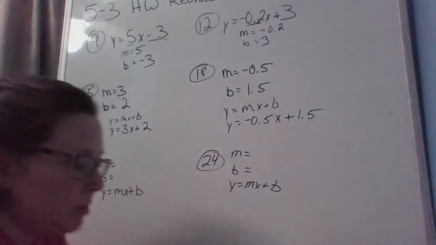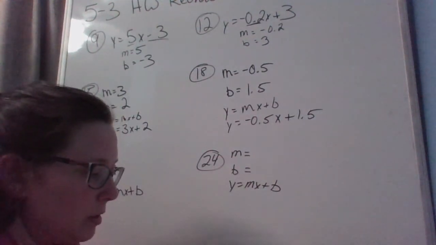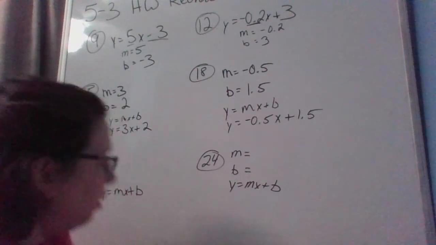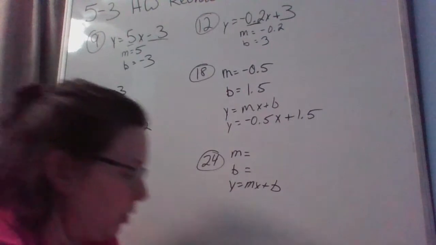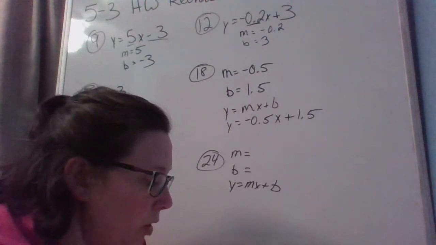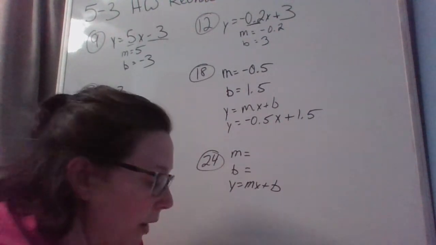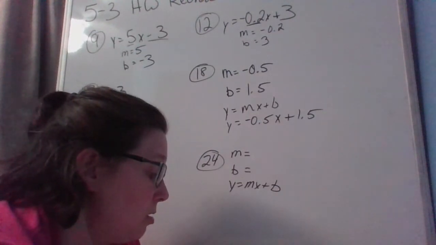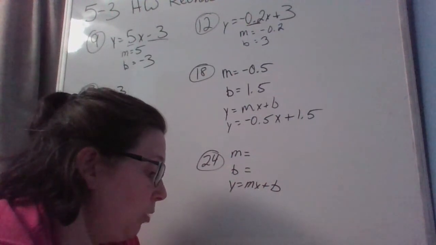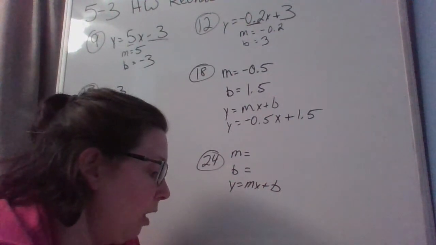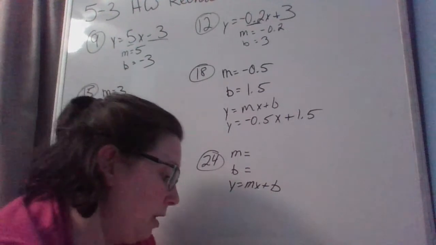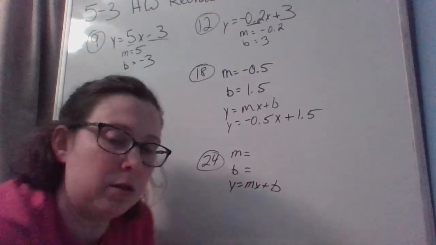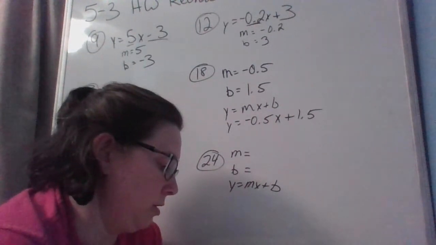Here we are given some graphs and we're asked to decide what our equations are. So first we need to figure out what our slope and our y-intercept is. 21. I'm looking for places that hit those intersections of the vertical and horizontal lines.